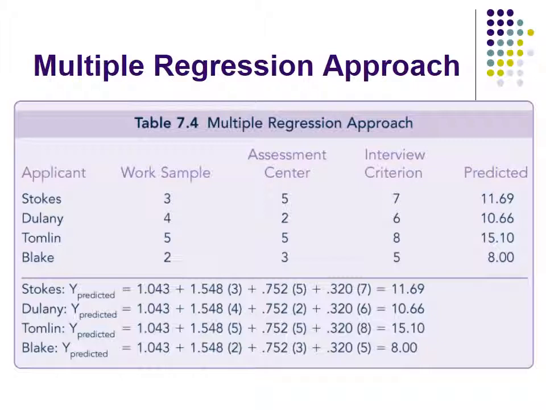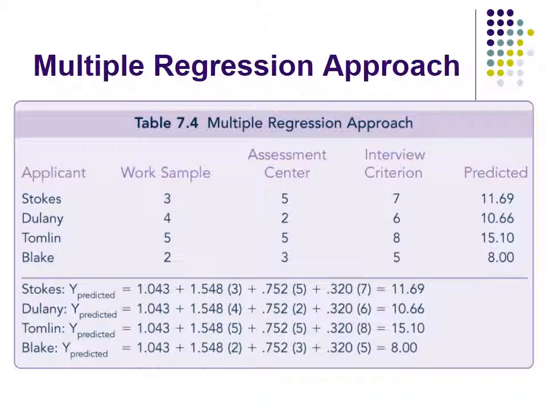So we multiply that number by 3, which is the actual score Stokes got on the work sample. The next value, 0.752, is again the value for each point on the assessment center that you would expect to see someone improve in their performance in the job. So again, that's multiplied for Stokes by 5 because a 5 is what they got at the assessment center. And finally, that 0.320 is the amount of explained variance that interview has in future performance.